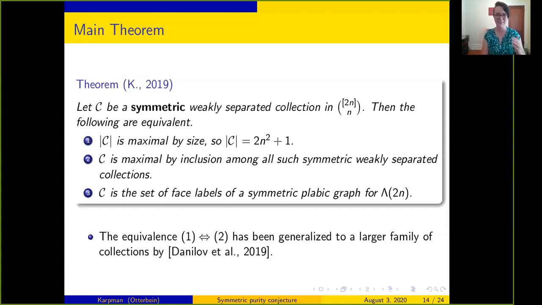So Danilov, Karzanov, and Koshevoy have a generalization of this equivalence that encompasses a more expansive notion of weak separation, where you can compare sets of different sizes. And also, keeping a similar notion of symmetry, they've expanded this to some other types of separation relationships. So if anything in this talk is interesting, I strongly encourage checking out that preprint. Like I said, hot off the press from early this month.